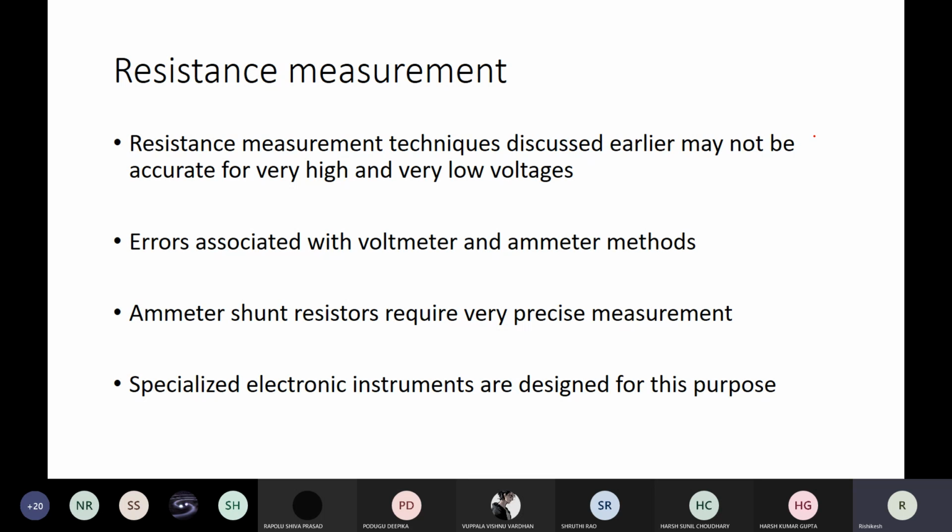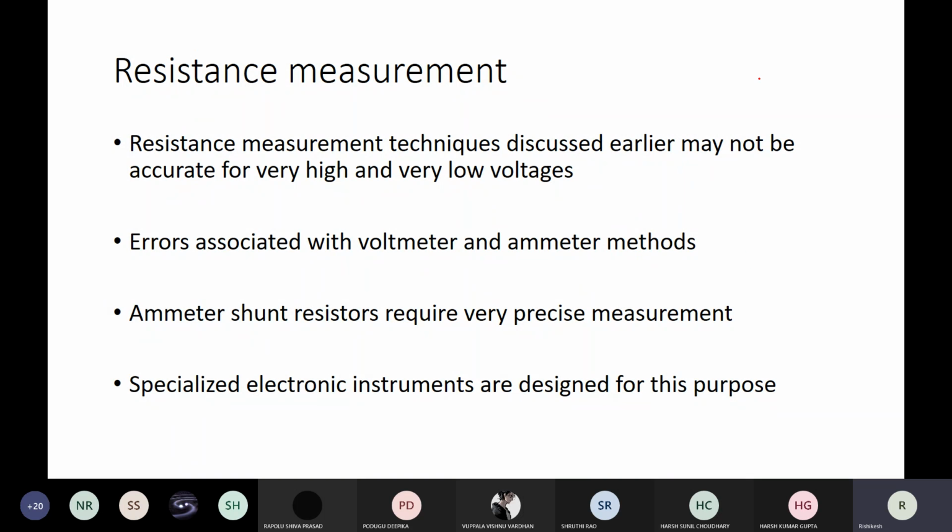So there we discussed only two types: one is voltage measurement and the other is current measurement. In today's class we'll discuss some techniques which are specifically designed for resistance measurement. Of course, we have seen the design of the ohm meter, which is the PMMC based ohm meter, basically a non-linear instrument, whereas we also saw how to extend it to linear resistance measurement.